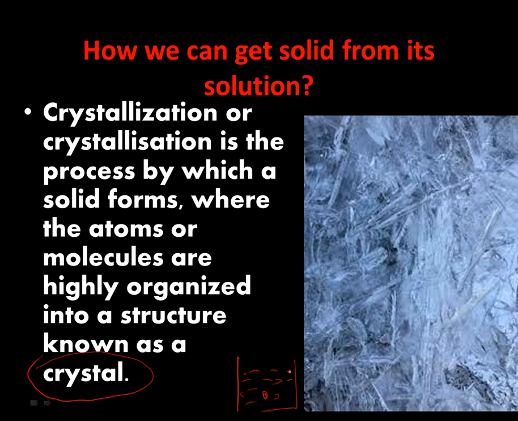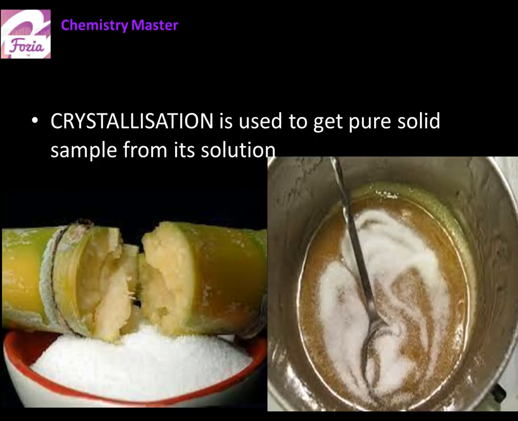Crystallization is not only performed in the lab, it is a very important industrial process by which we get industrial white sugar from a saturated solution of sugar, like this, from sugar cane.